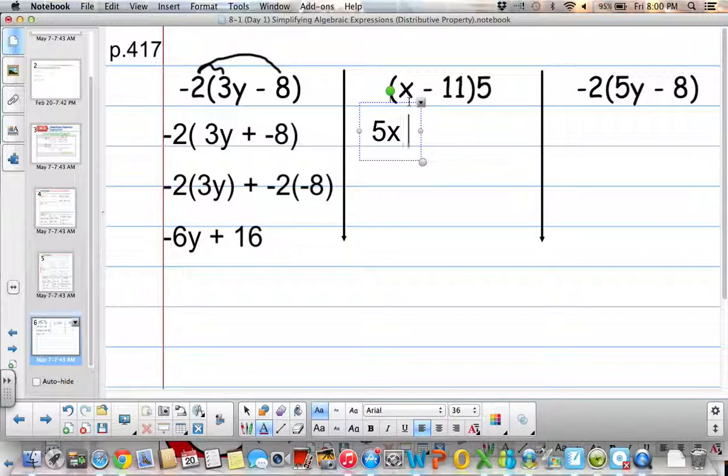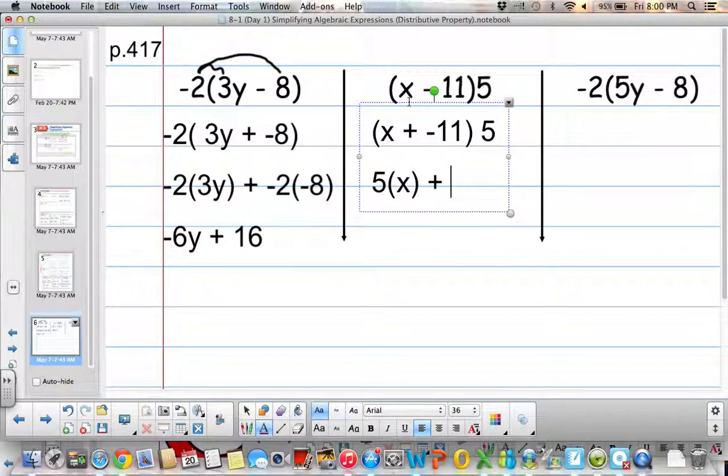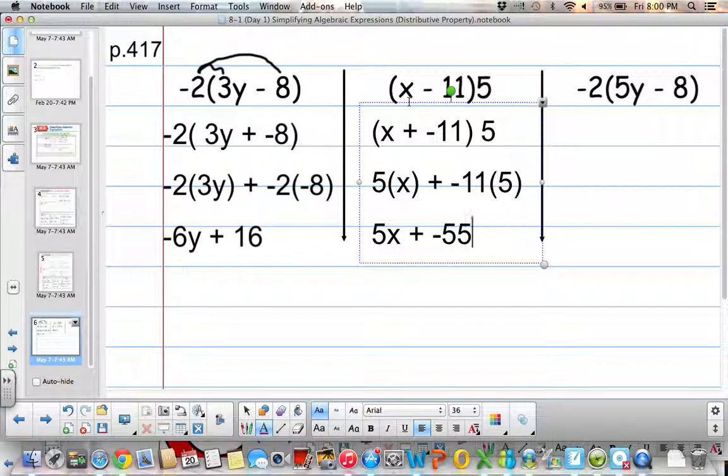So I would have 5x plus, let's rewrite this, x plus negative 11, and then I have my 5 outside, so now we have 5 times x plus negative 11 times 5. So 5x plus negative 55, plus negative is the same as subtracting, so 5x minus 55.